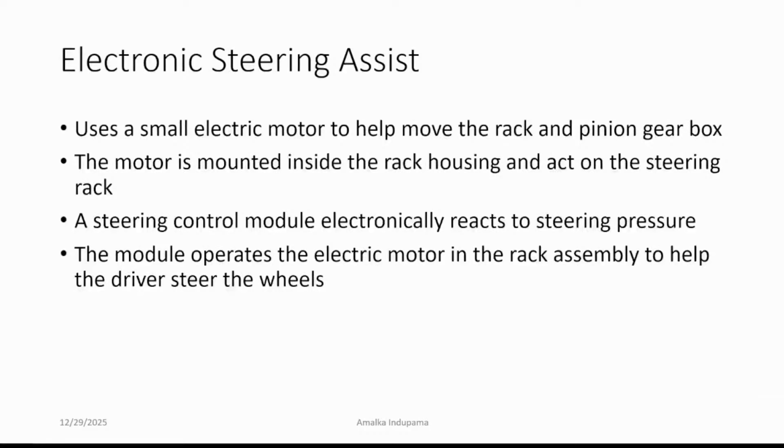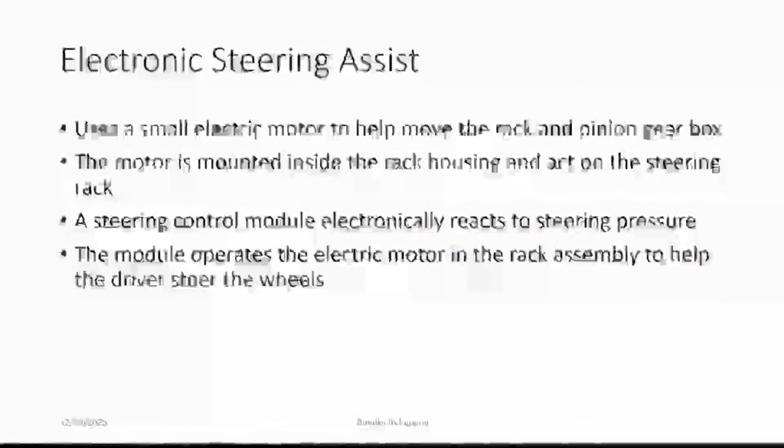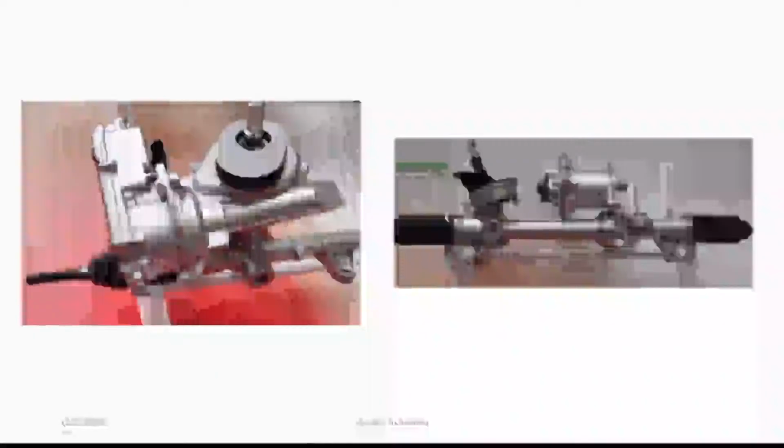We don't have these hydraulic parts. The only thing is the motor, which is sometimes connected directly to the rack shaft or the steering column. The most common configuration is the motor connected to the steering column.